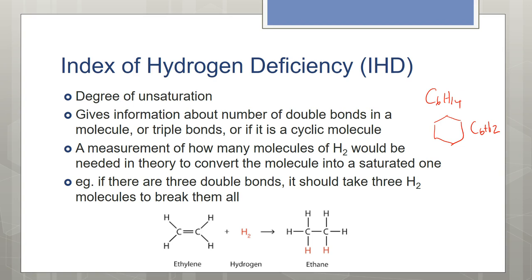If we had 3 double bonds, it would take 3 hydrogen molecules to break them all. In this case, with ethylene, it takes 1 hydrogen molecule to convert it into ethane. So this is just a numerical value telling us how many lots of H2 it would take to saturate the molecule completely.